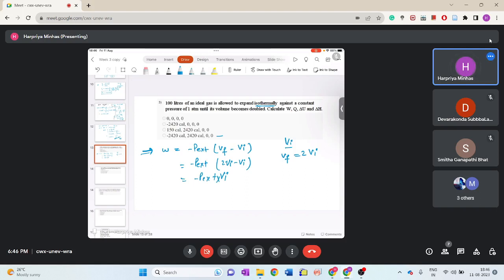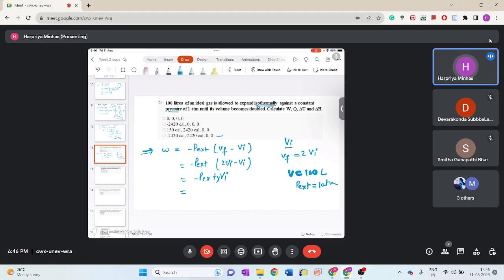Your volume is 100 liters and the constant pressure is 1 atm.